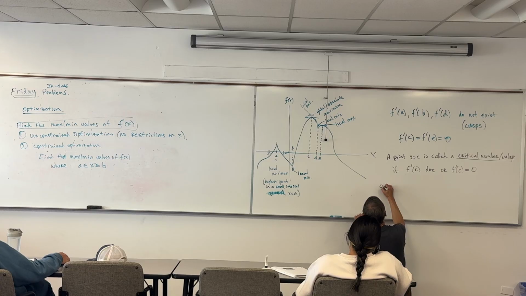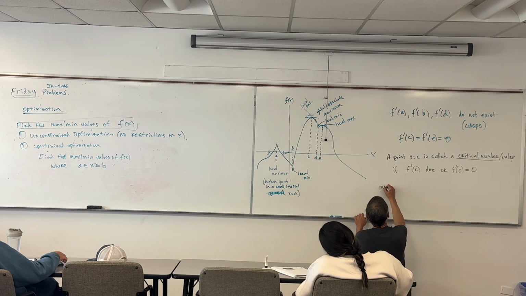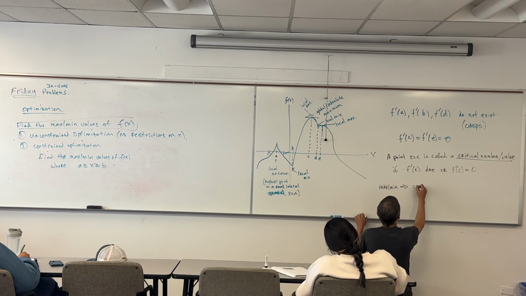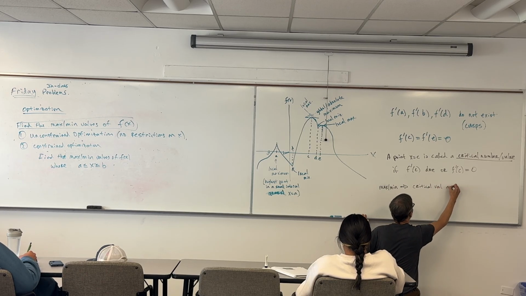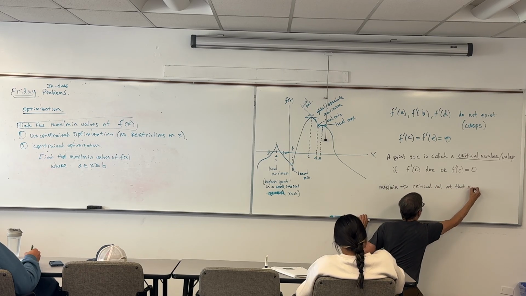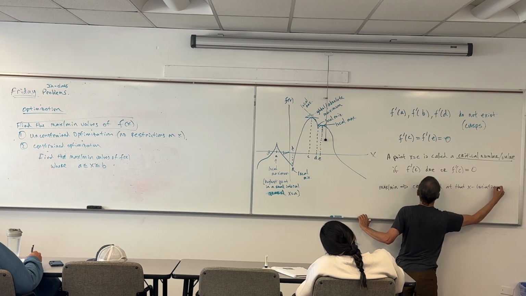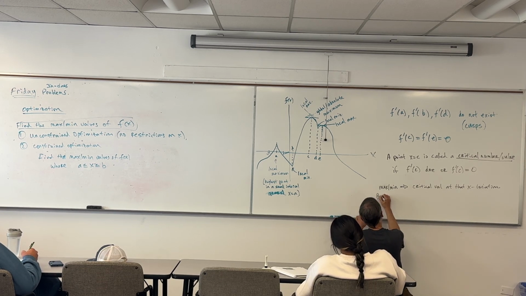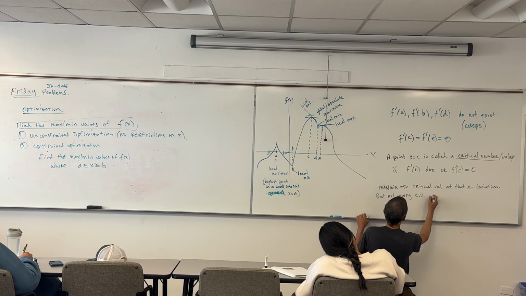So a max or a min implies a critical value at that point, at that x location. It doesn't go the other way, but not every critical value gives a max or a min.